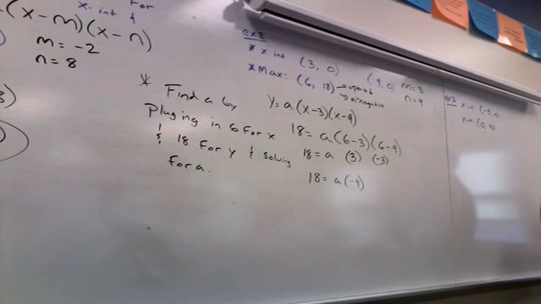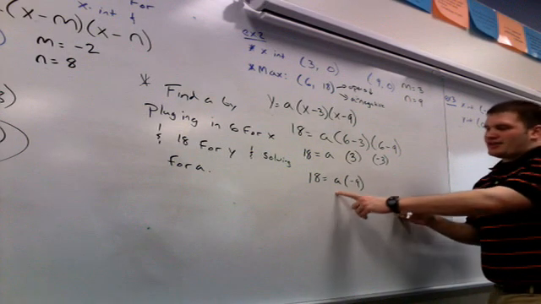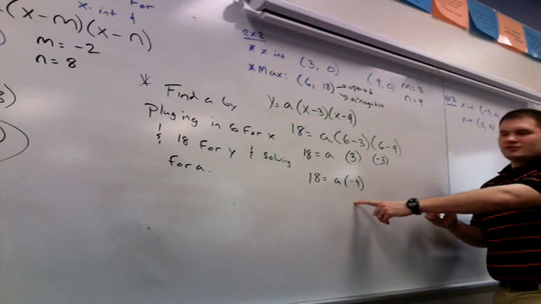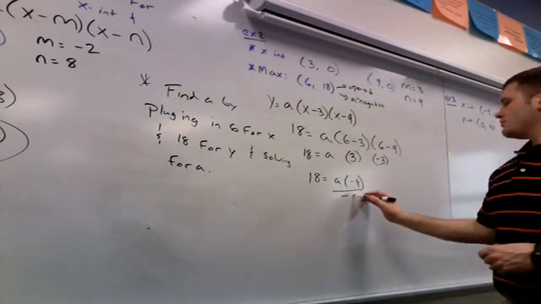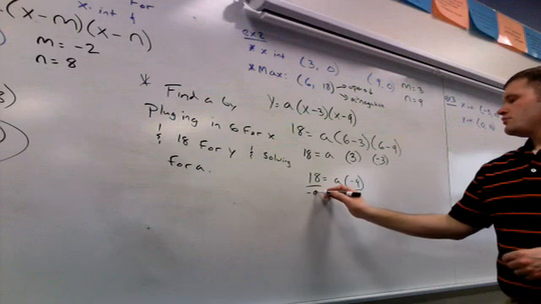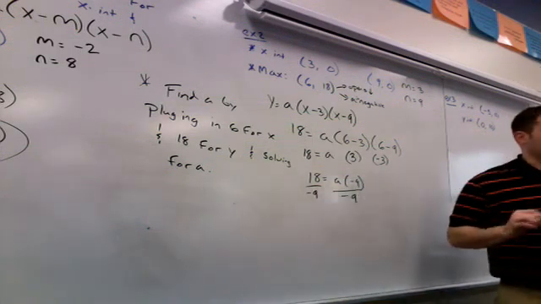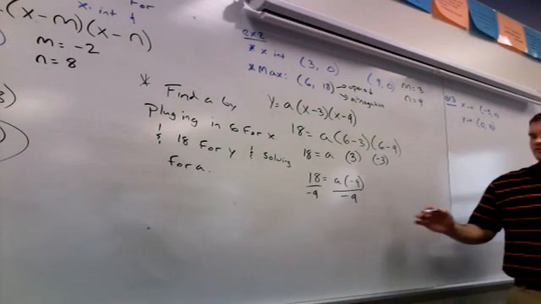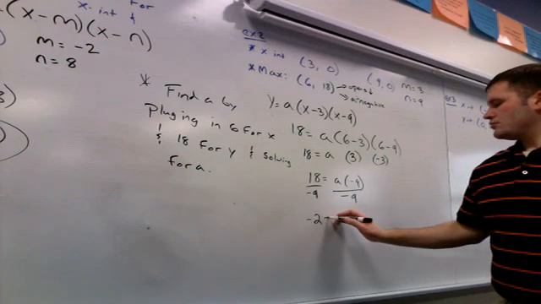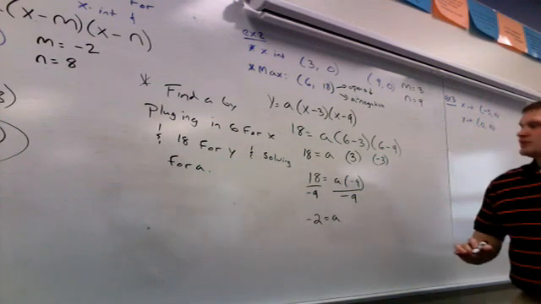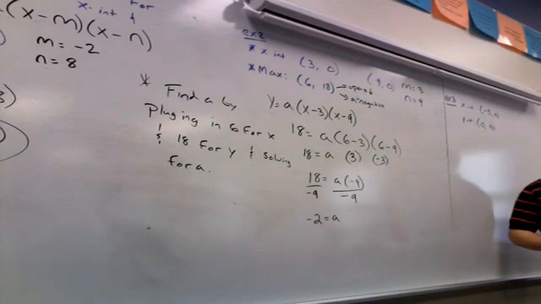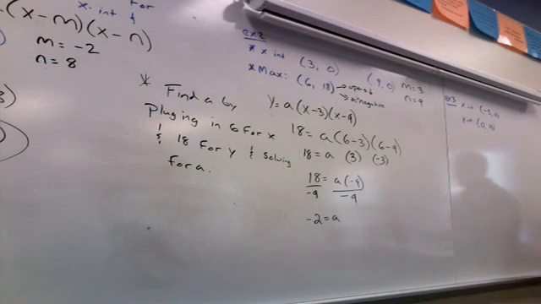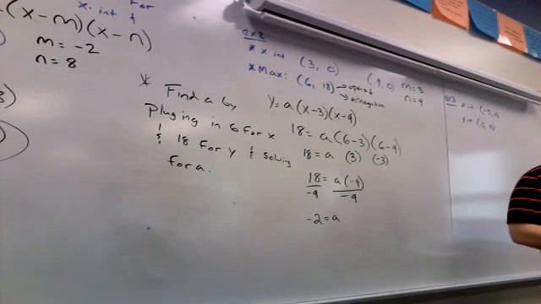What do I do now? We want to solve for A, so we have to do the opposite of this. So we have to divide. So 18 divided by negative 9 is? So now is that it? Is that the answer, just A equals -2? No. I wanted you to write an equation, didn't I?